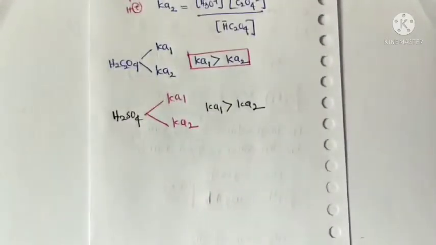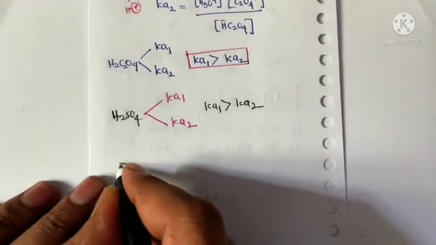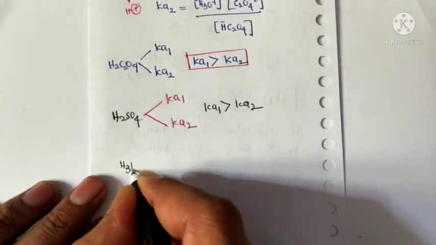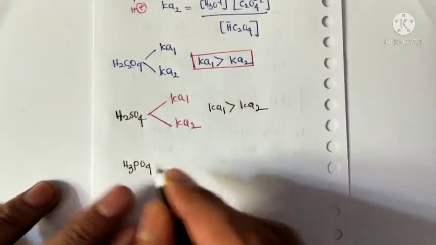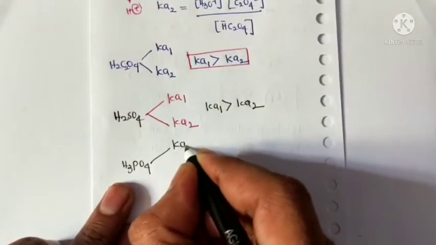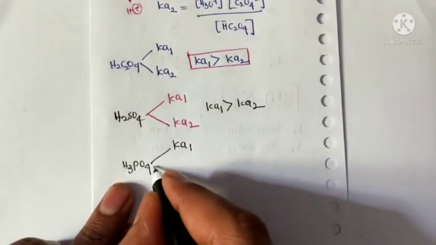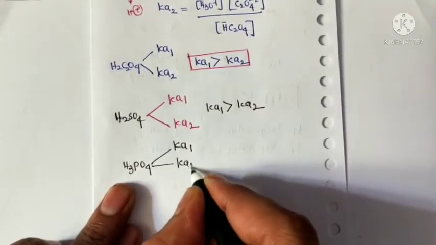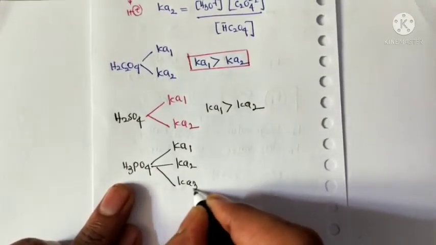Okay, and the polybasic acid, that is H3PO4. How many protons are there? 3 protons. So how many equilibrium constants can we write? 3 equilibrium constants, Ka1, Ka2 and Ka3. What is the order?